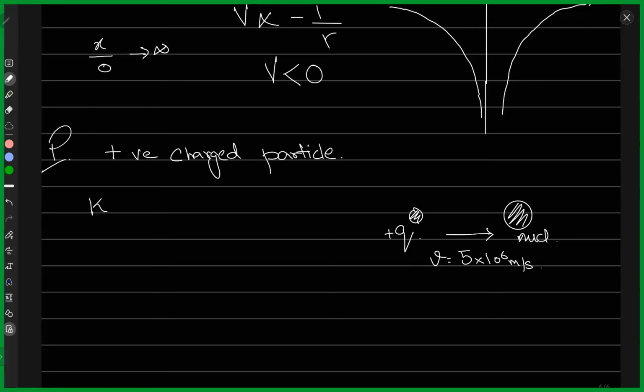The kinetic energy of the particle would be half mv squared, right? Now, suppose the mass of this charged particle is, let's consider that it's a proton, then it would be 1.66 into 10 raised to power minus 27 kilograms.